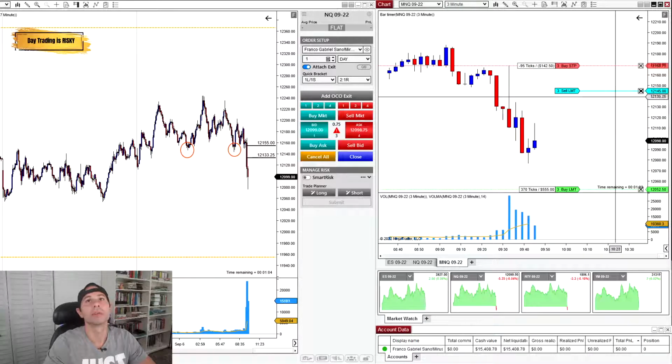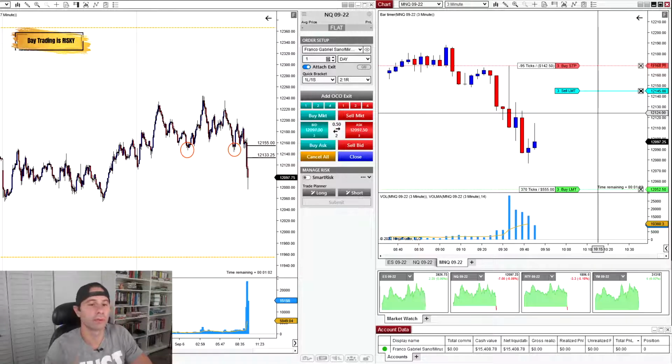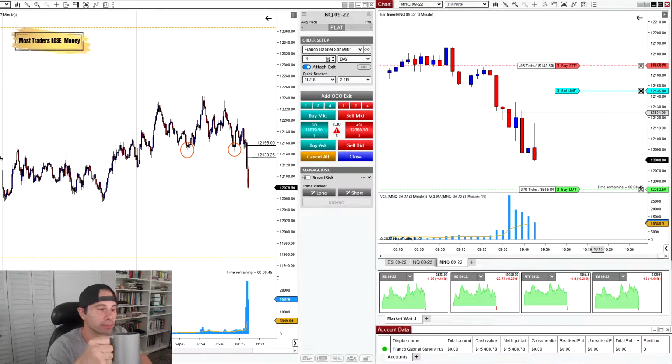Let's see if we can have a retracement to 145. Yeah, tick chart is pretty weak right now. Let's see if we can have a retracement on the next 15. It doesn't look like it though.